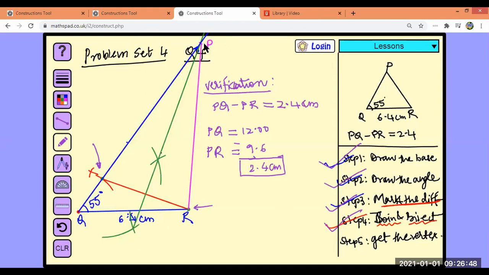And the point of intersection is P. So that is how we get the vertex P, and joining that P to R, we get the complete triangle PQR. All right, so that is triangle PQR.